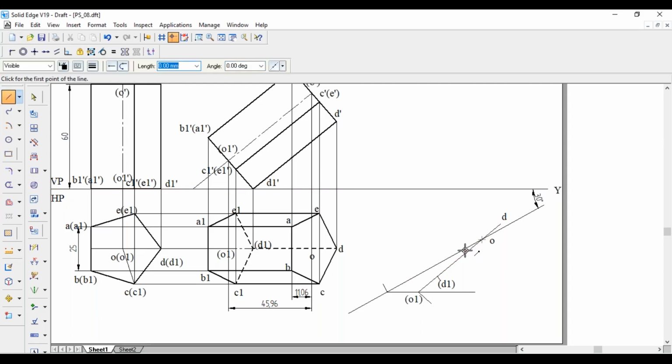Now from this point, draw a line perpendicular to O1 for a length of 12.5 mm. Same thing opposite side also. Perpendicular to O1 for a length of 12.5 mm. From this we will get B and E.